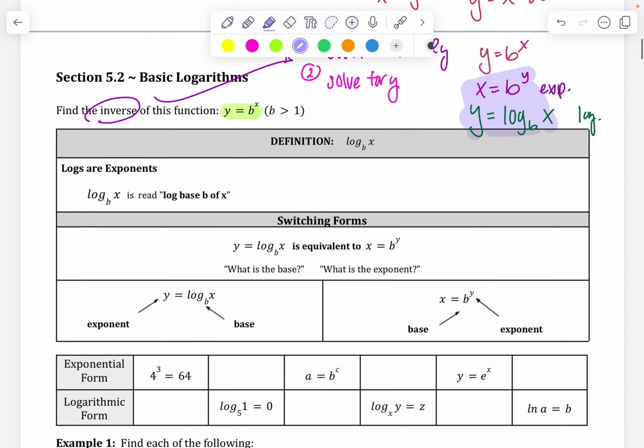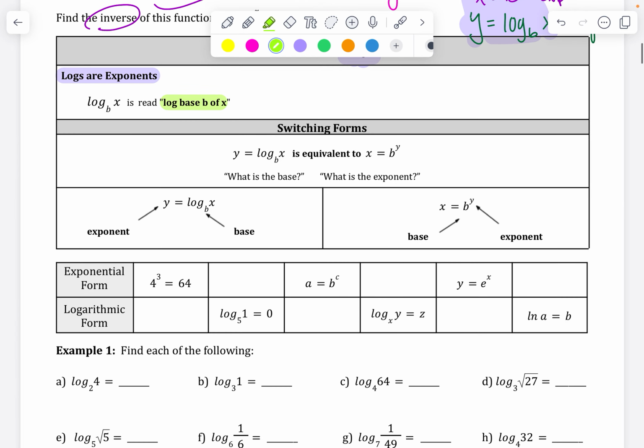Like I said, this is our log form, log base b of x. Logs are exponentials, they have a relationship between logs and exponentials. It is read as log base b of x. And we are switching forms, so we are going to go from log to exponentials and exponentials to logs.